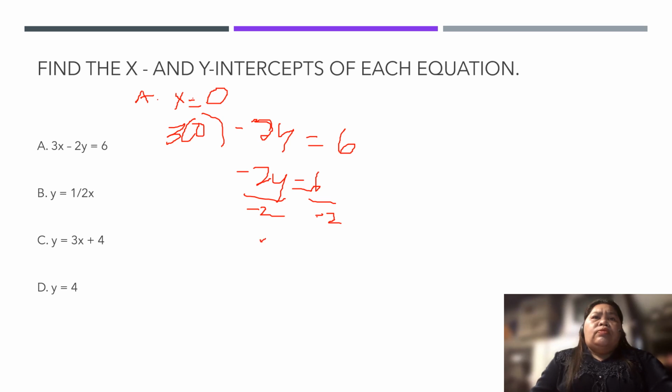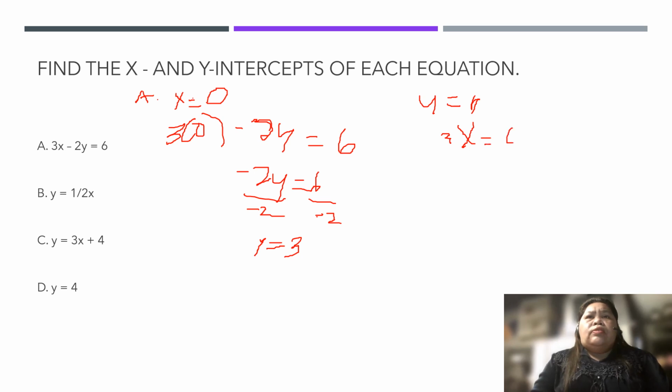Therefore, y equals negative 3. Now, if your y equals 0, that means 3x minus 0 equals 6. Therefore, divided by 3, x equals 2.